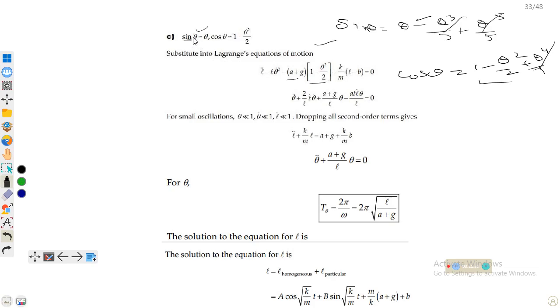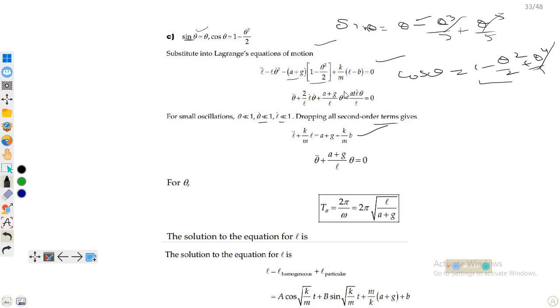If we put the values of sine theta and cos theta into those functions, this will give L double dot minus this. Then from that we can find the value of theta double dot. For small oscillation, theta will be very much less than 1, and theta dot and L dot will also be small. Dropping all the second order terms, we get L double dot plus K over M L minus A plus G into this.